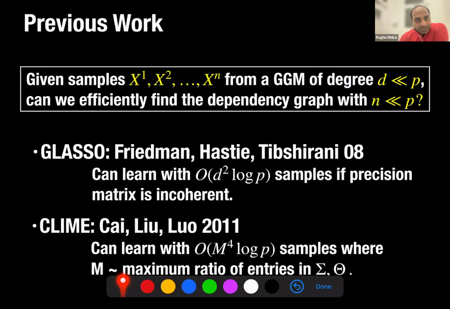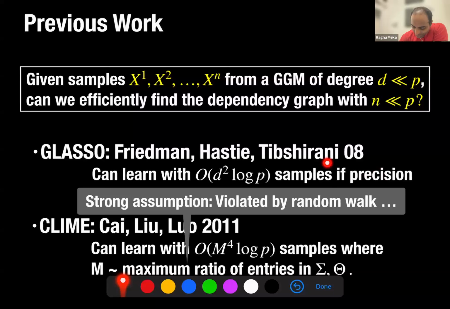And there are other packages like Clime and Aclime. They also have the same issue, right? You can learn them with some number of samples, but they need strong assumptions on the covariance matrix and the precision matrix. In particular, they need to assume these matrices are somehow well conditioned and so on.